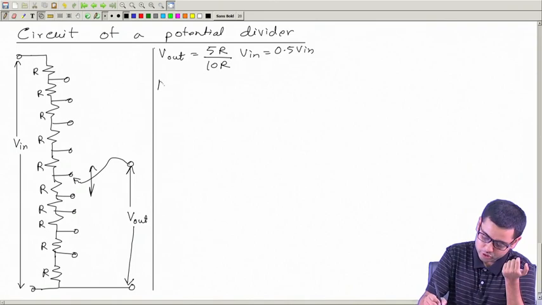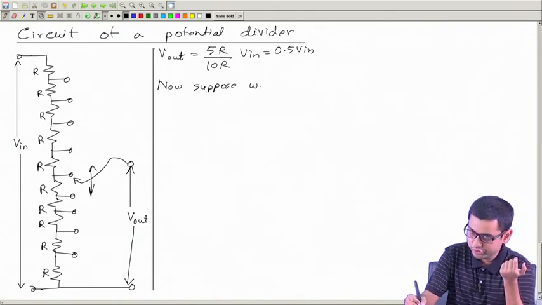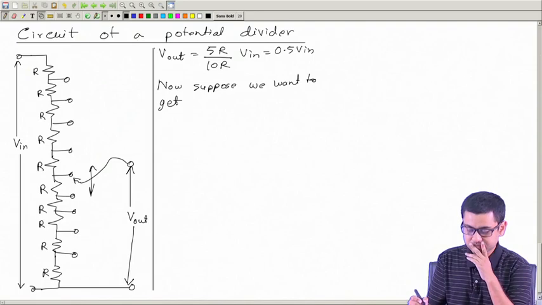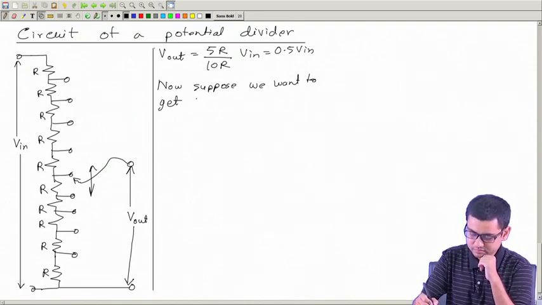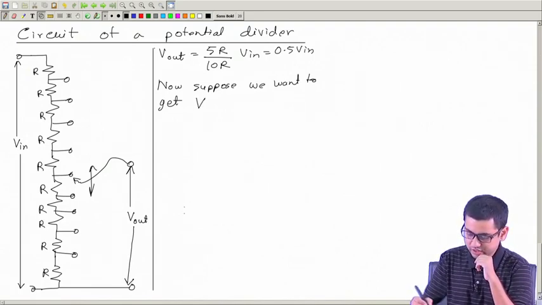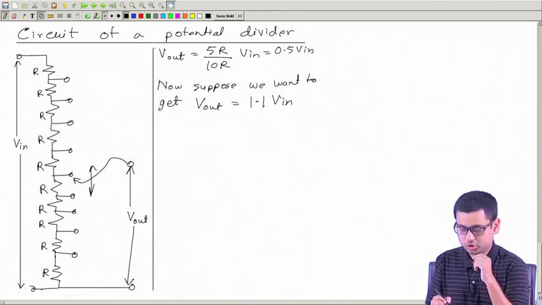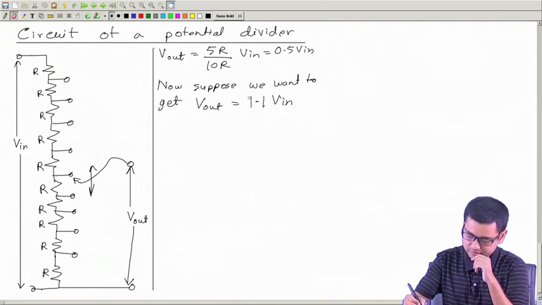Now, suppose we want to get V out equal to 0.11 times V in.